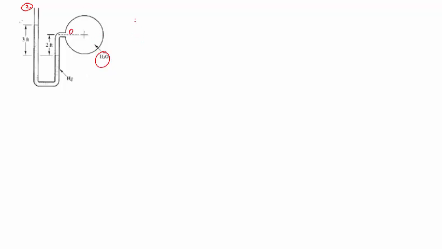So what I have, P0, and I can go from left to right or right to left, equals P2, and then I go down, so I increase the pressure, plus, and then this is the fluid 2, which is the mercury, P2 plus gamma 2 H2, so I go to here, and then I go here, and then over there.